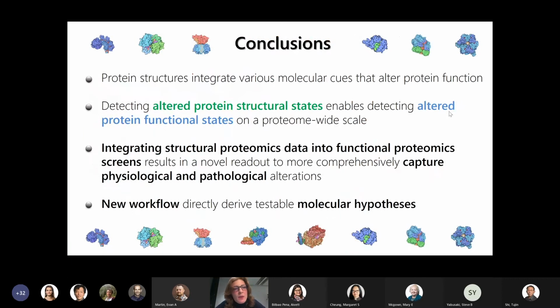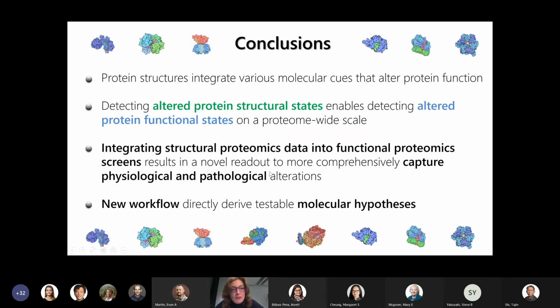So to summarize, we believe that protein structures integrate different types of molecular events that affect protein function. That's why detecting altered structural states of proteins enables detecting altered functional states of proteins on a global scale. And now we suggest the integration of structural proteomics data into functional proteomics screens. And we believe that this will increase the capability to capture physiological and pathological alterations.